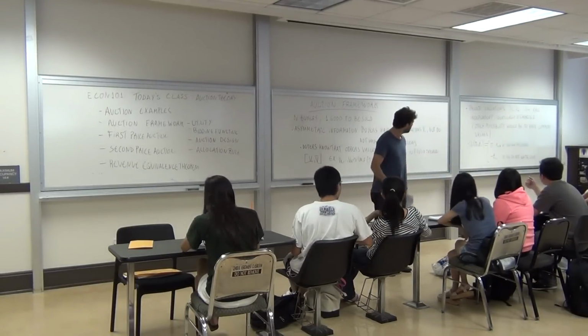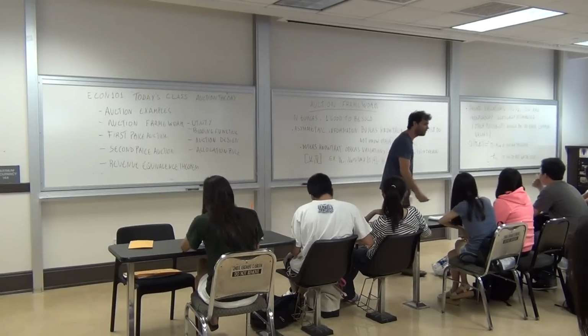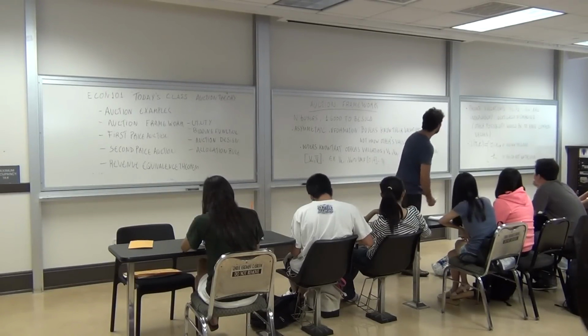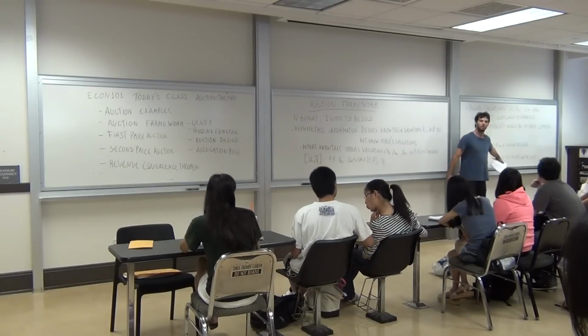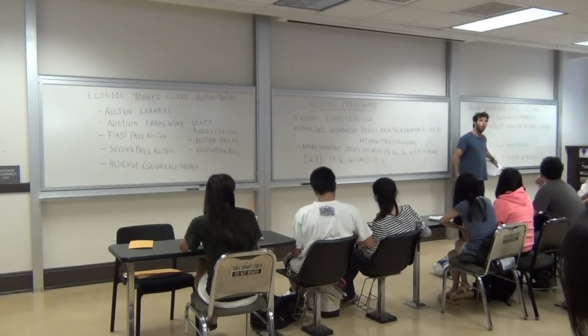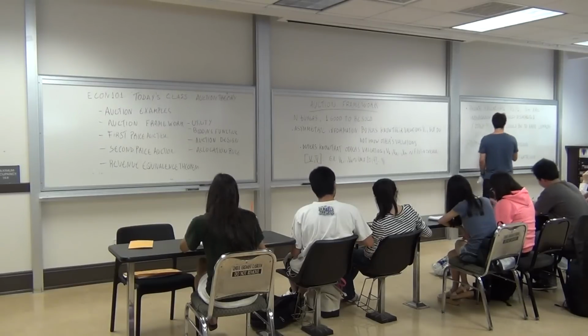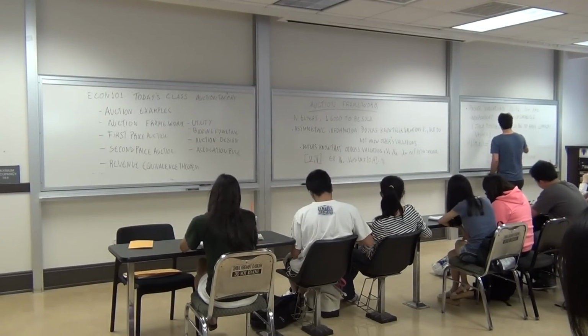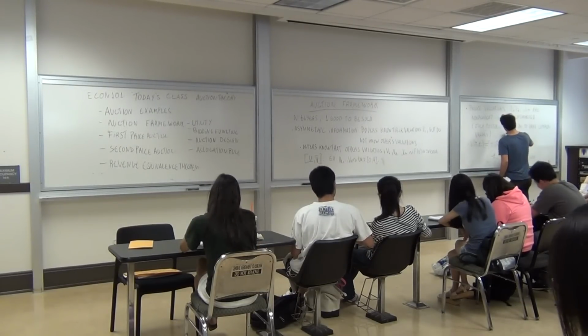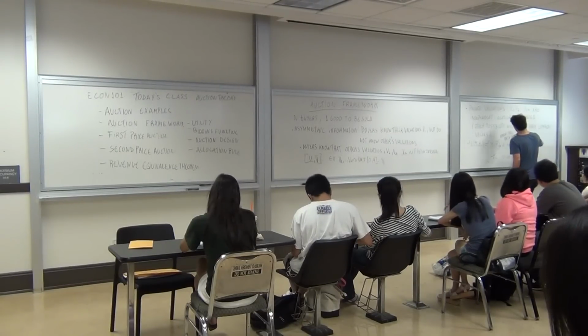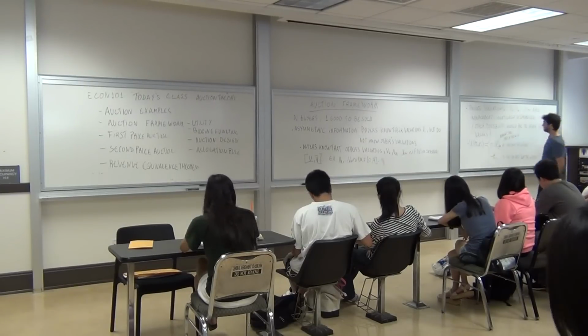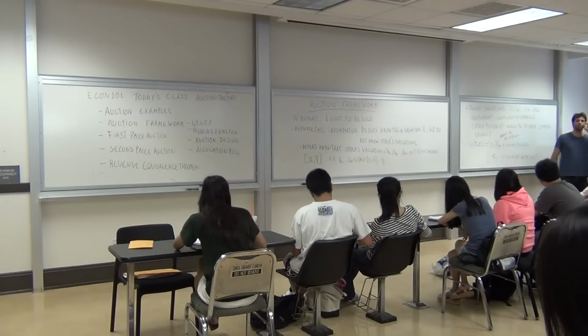I'm sorry? Why is... I'm sorry, what is the... Oh, T is the amount that you have to pay. T_i is the amount that you have to pay if you win. Yes, Sasha.